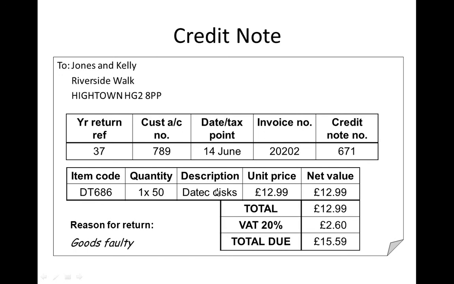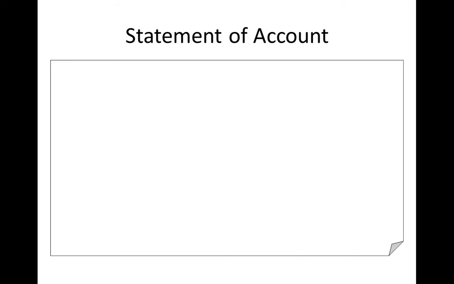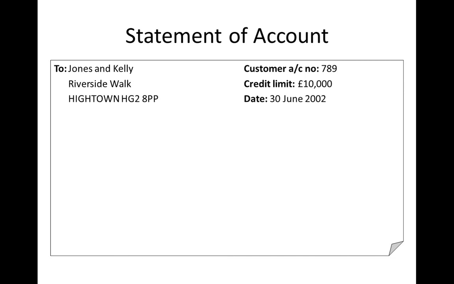They were reported missing, and this is the credit note saying basically we don't expect you to pay for these discs. So they would put that against the invoice, take that $15.59 off the invoice and then pay whatever the balance was, and that would be easy to see on the statement of account.